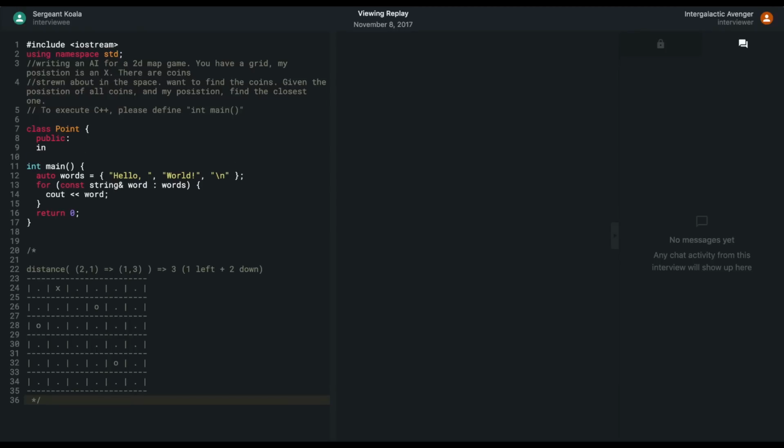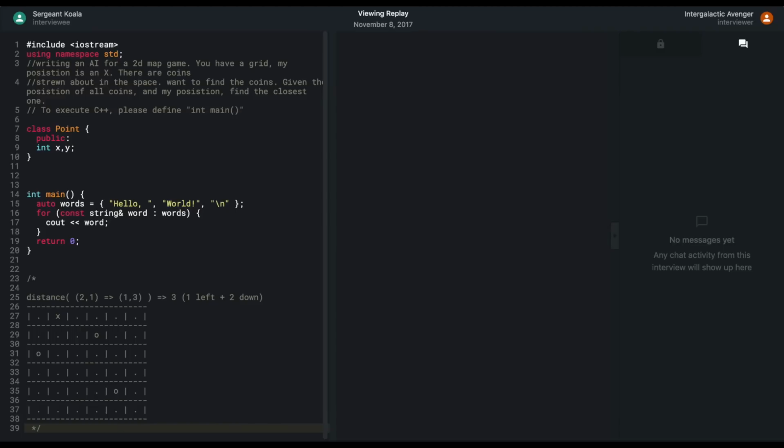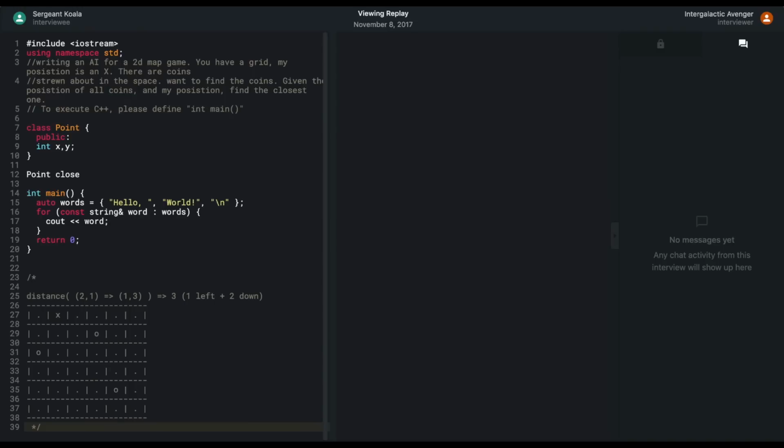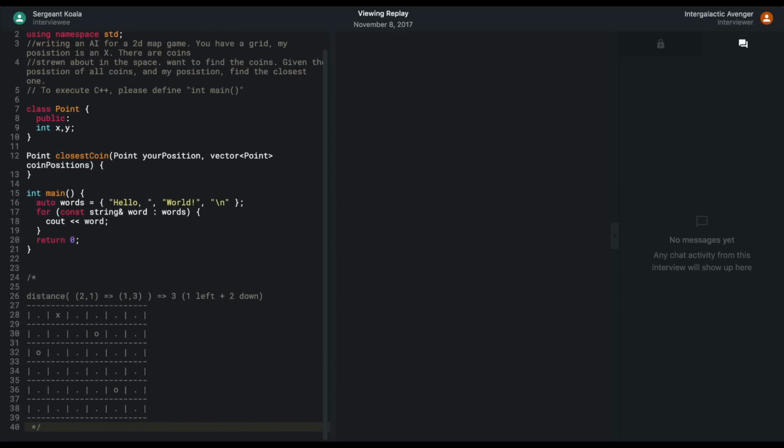What you're trying to do is return the point of the closest coin, given your position and a vector of points, which is the coin positions. So you're going to return the position of the coin that is closest to you.